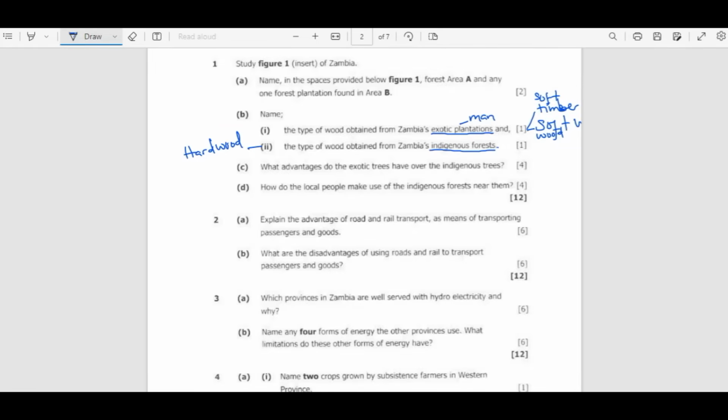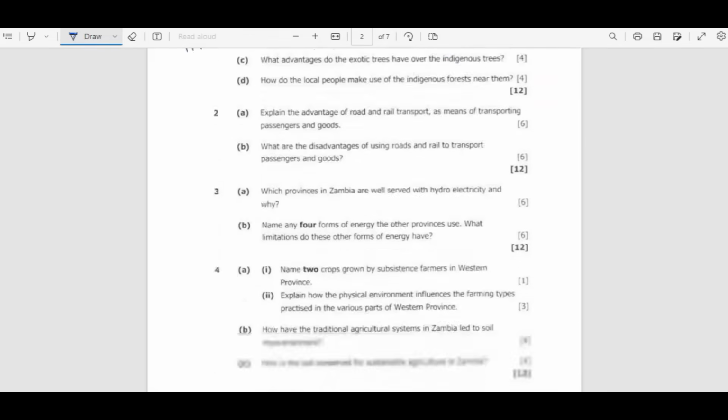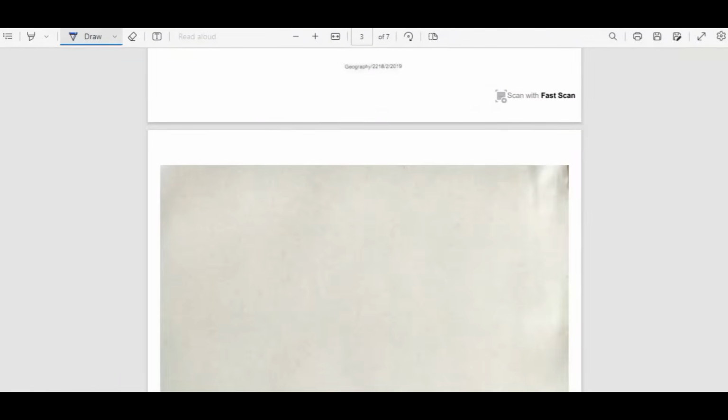And then let us look at what advantages exotic trees have over the indigenous. So meaning that we have to look at what are those advantages that come with exotic trees over indigenous. So we can come up with the advantages. Now the marks here will guide us because there are 4 marks there. So meaning that we have to come up with at least 4 points.